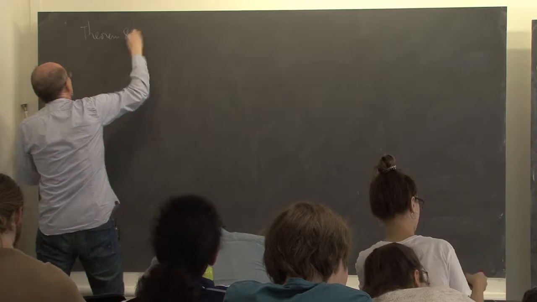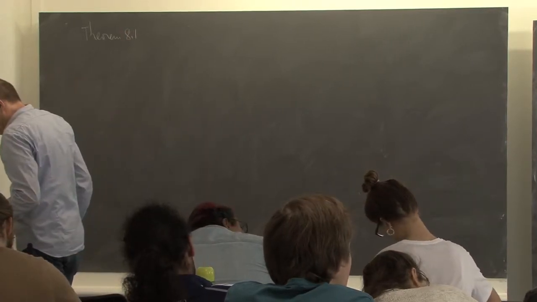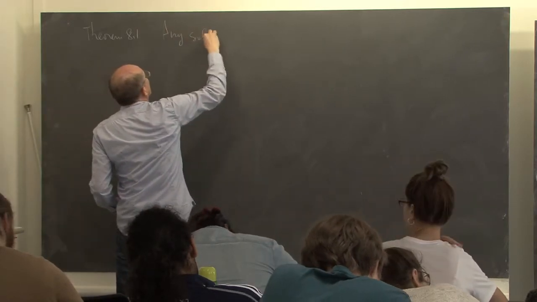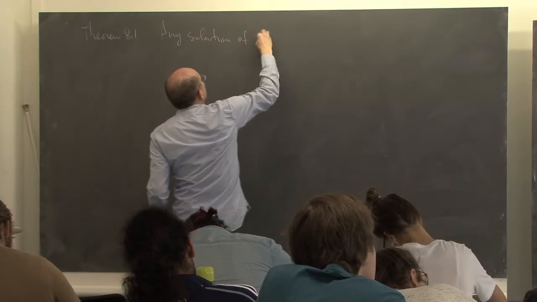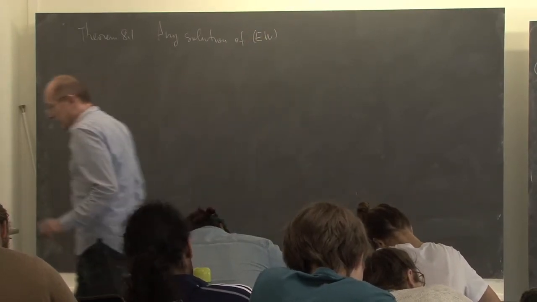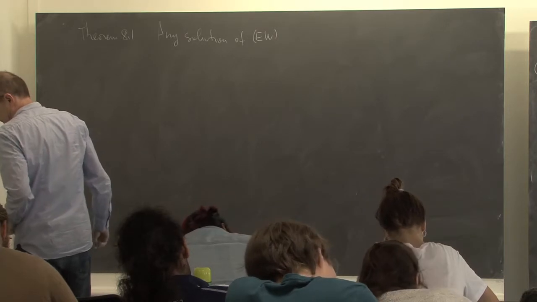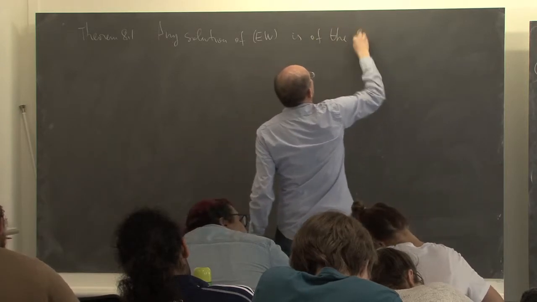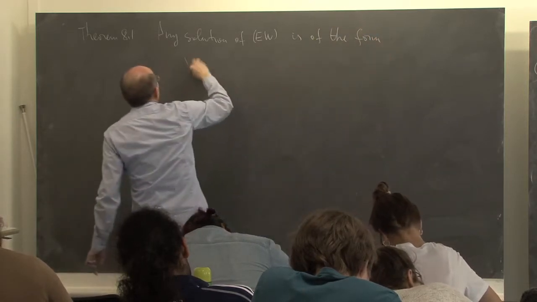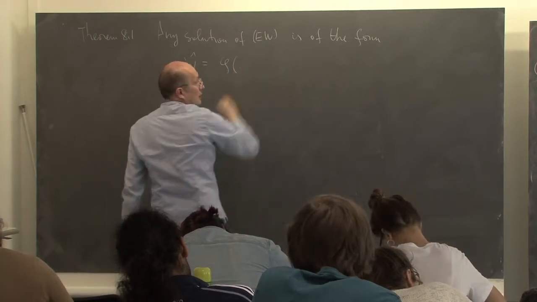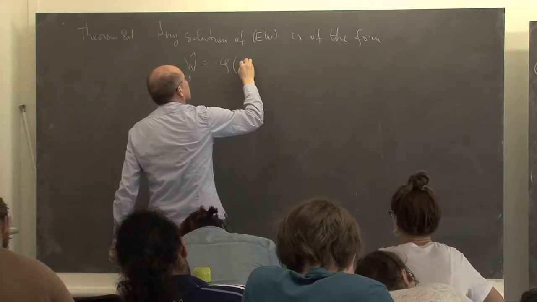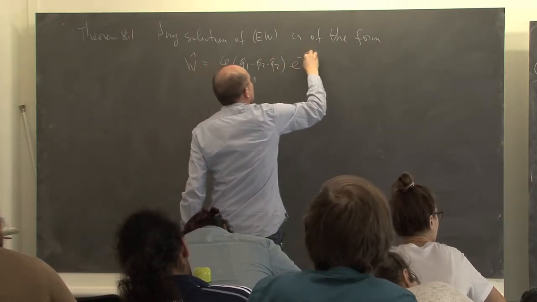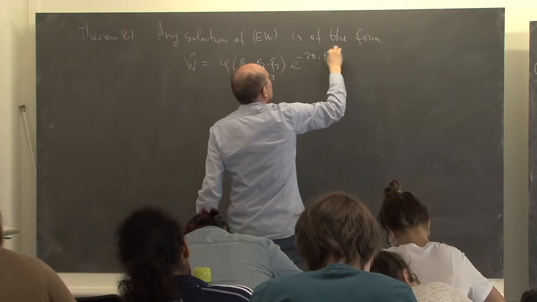Theorem 8.1, which tells the following thing. So any solution of a system EW is of the form W hat equal phi of Q1 minus P2 minus Q2, E minus 2 pi I P1, Q2.